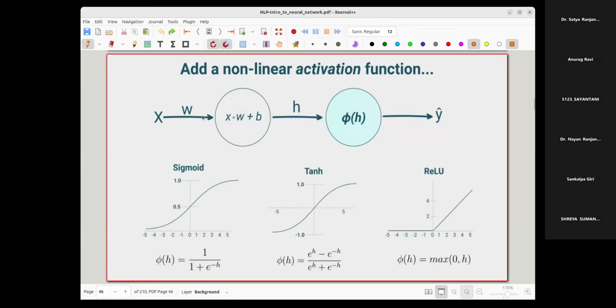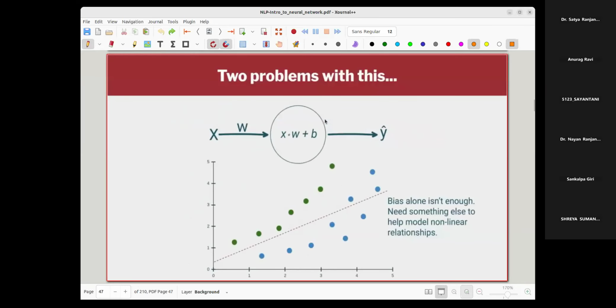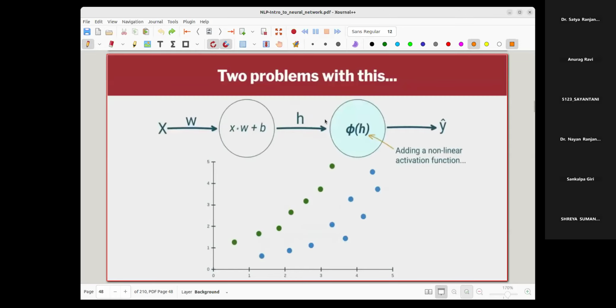So that means if, instead of using this function ln, I add a nonlinearity above that function, then I can easily fit it. Let's see. Previously, the bias ln was not sufficient. When I add this nonlinear activation function phi, you see it enables us to model this nonlinear relationship. It creates the best possible curve which will segregate them into two different classes.